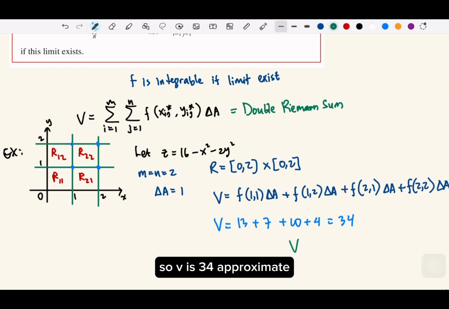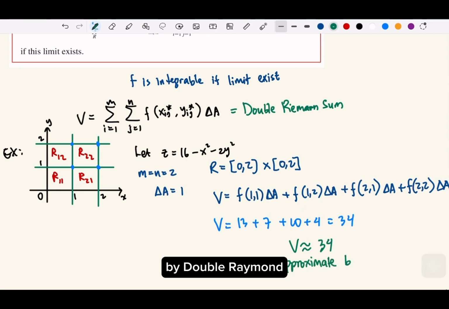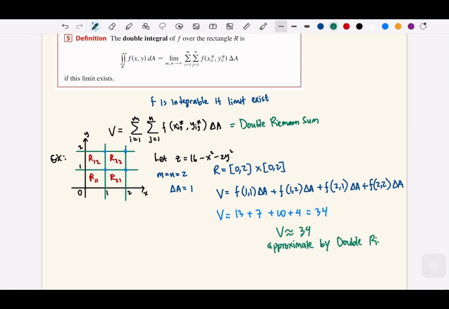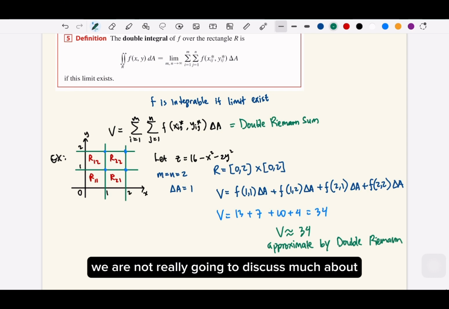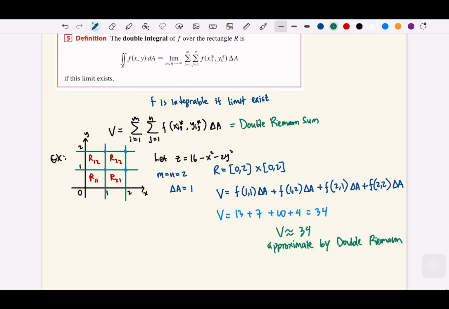So V is 34, approximated by double Riemann sum. We are not really going to discuss much about approximation, but this is how we solve the integrations through the geometric shape of the rectangle and the square. From the boxes we find each volume and then add all the components.